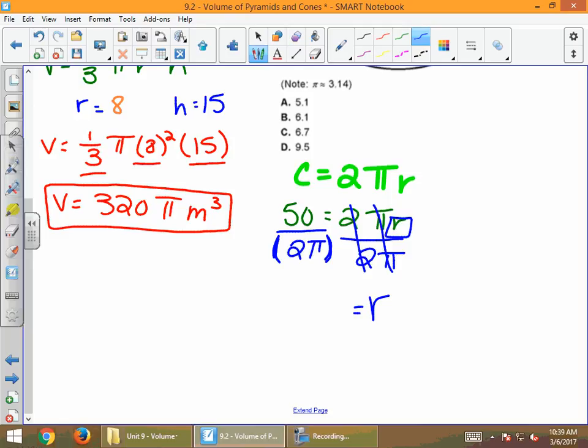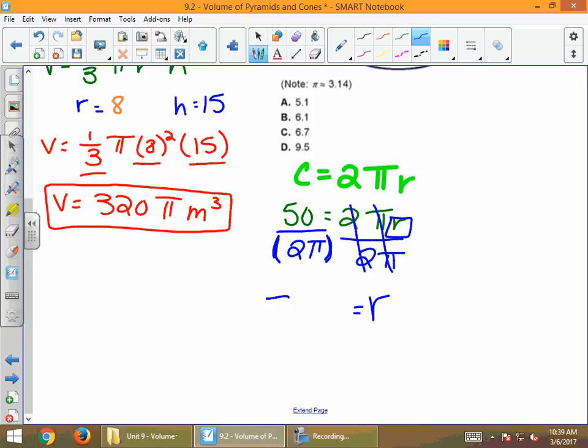Plug that in. What do we end up with? Try to just go in your calculator and practice plugging this in so you know what's going on. If you don't plug it in correctly, you're going to get the wrong answer. What did you get? Make sure to include the pi because it's real world, or you want decimals. Did you put parentheses?